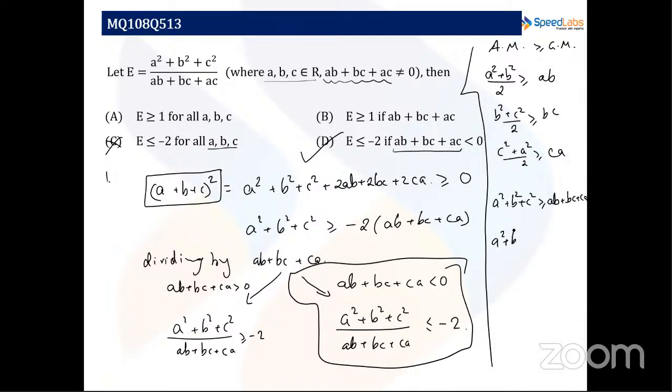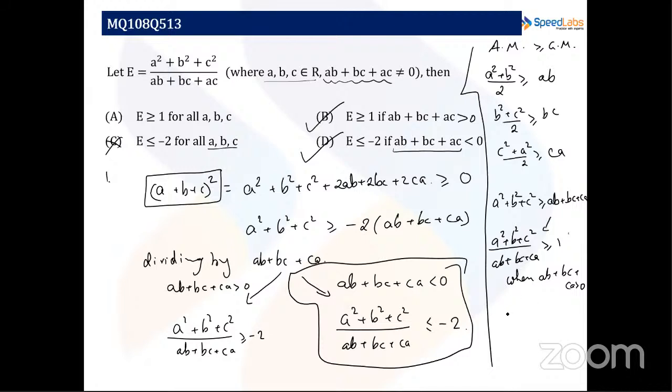So a square plus b square plus c square upon ab plus bc plus ca will be greater than or equal to 1 only when ab plus bc plus ca is positive. Yes, this is given here, so option B is correct.